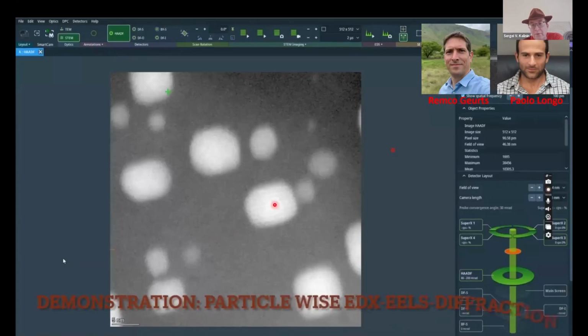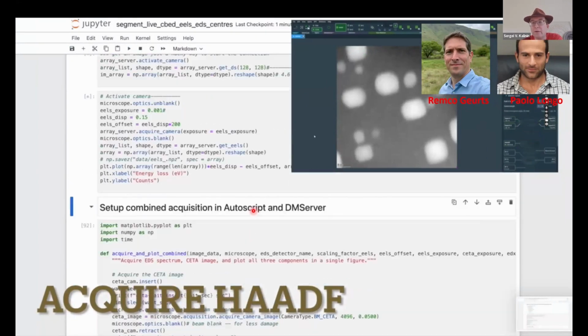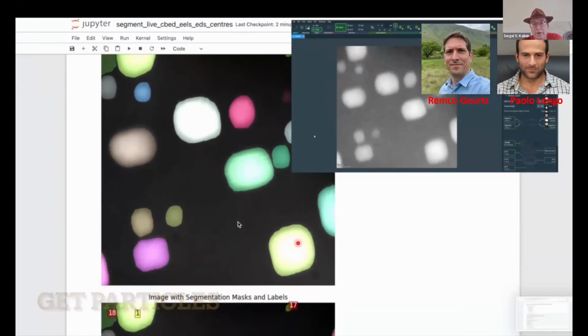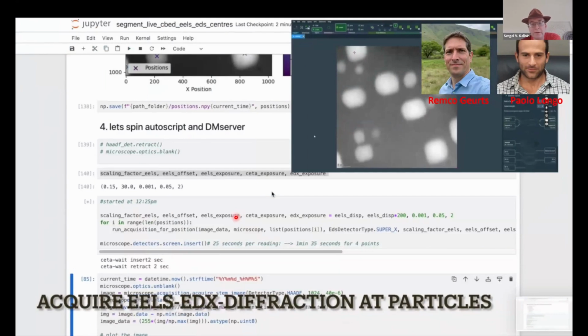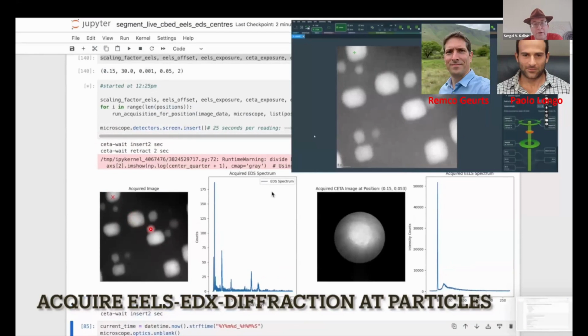This is the example of the spectra talking to the supercomputer. So we take images, we send them to the cloud resource. Then we do the image segmentation. Several years ago, we would write our own UNet. Now we can simply fine-tune the SAM from Meta. So we find all the particles, and then we specify the experiment that we want to take: EELS, EDX, and diffraction only at the centers of each particle.